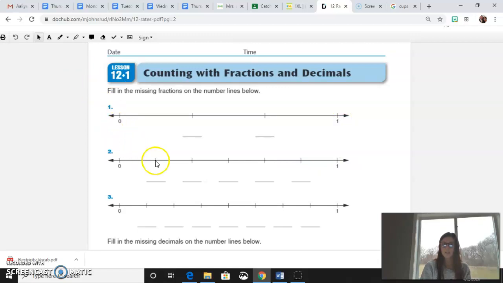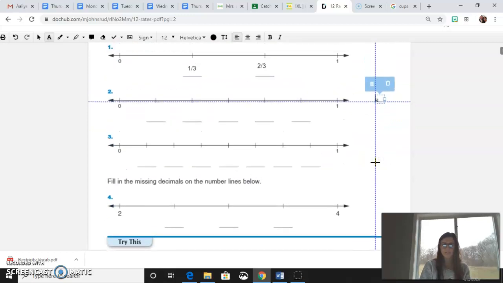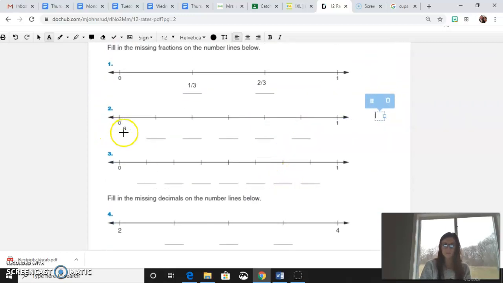So if I'm at here, I'm at 1/3, 2/3, and then 1 whole would be your 3/3. So here, I'm going to write 1/3, 2/3. Okay, I want you to do the same for these next two. 1, 2, 3, 4, 5, 6. So this would be 1/6, and so on.